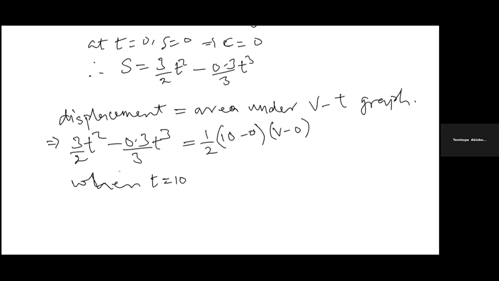If you substitute 10 for t here, 3 over 2, 10 squared, minus 0.3 over 3, 10 raised to power 3 equals 1 over 2 times 10 V. So please simplify that. You must get V equal to 10 meters per second.